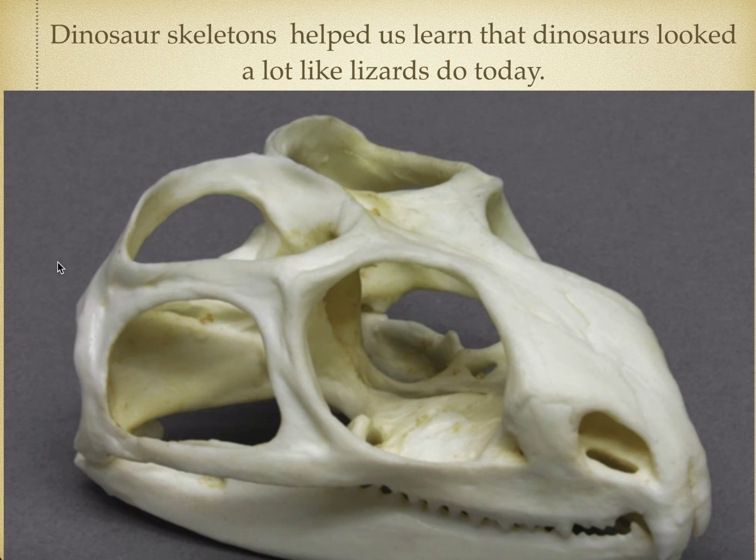So when you see images or movies, TV shows with dinosaurs and they look just like big lizards, it's because looking at the dinosaur skulls and other bones, they are more similar to other reptile bones. So this is the skull, and you can see the holes in the back of the head, similar to a reptile skull.